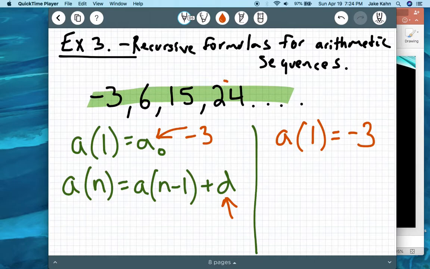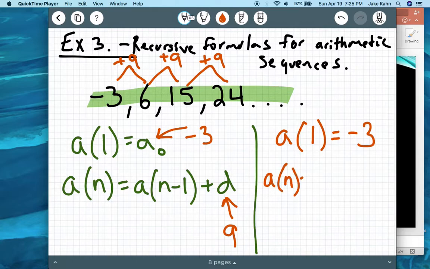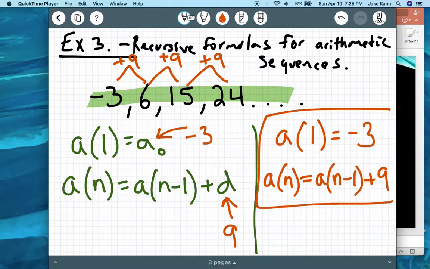If you did 24 minus 15, or 15 minus 6, or 6 minus negative 3, to get to the next number, you would have to add 9 each time, which means that d is positive 9. Your second equation would be a of n is equal to a of n minus 1 plus 9. And those are your 2 equations for the recursive formula.